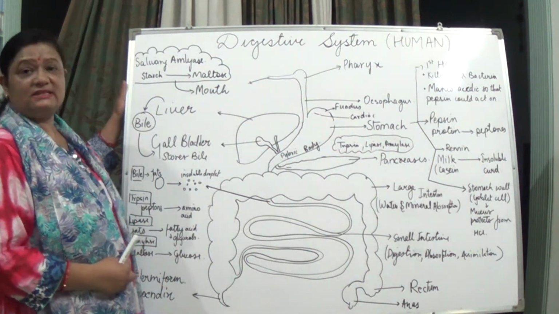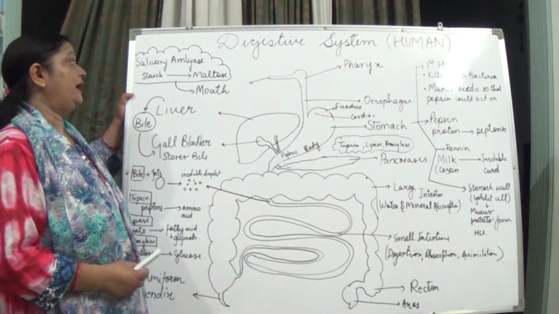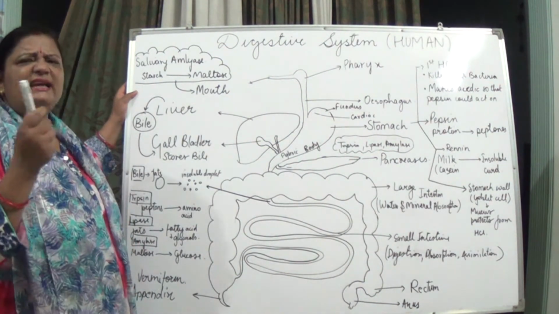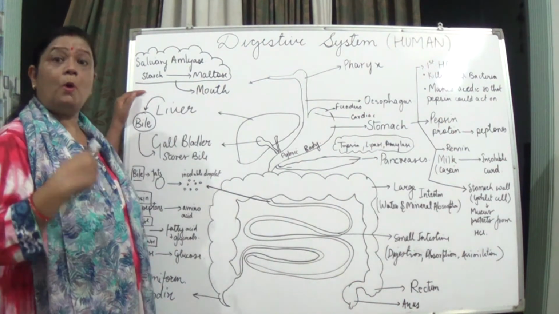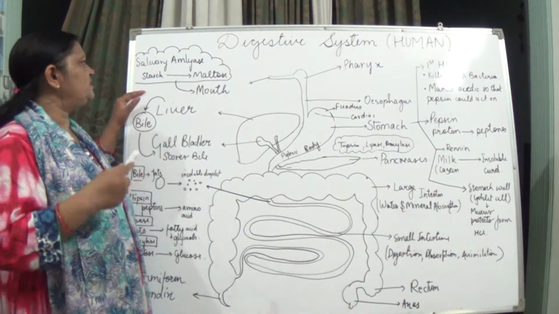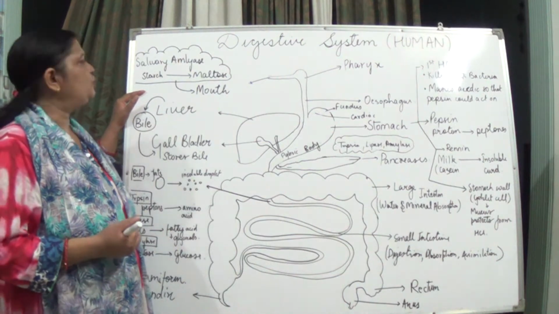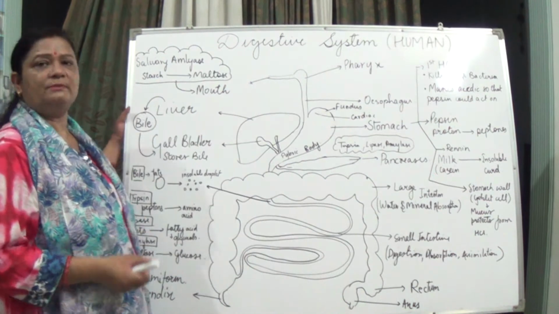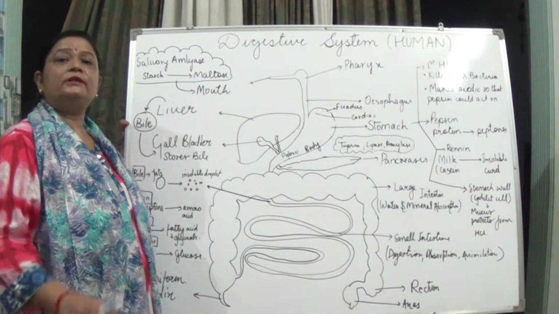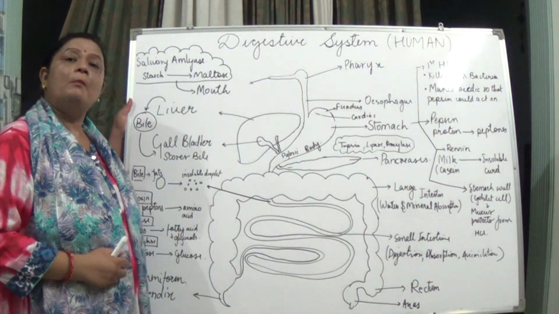This salivary amylase is slightly alkaline in nature and it helps the starch or carbohydrate, which is in the complex form, to be simplified to maltose. That is partial simplification of the carbohydrate in the mouth.